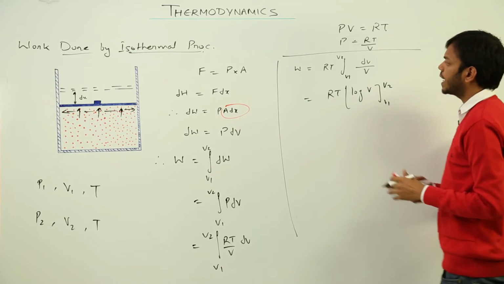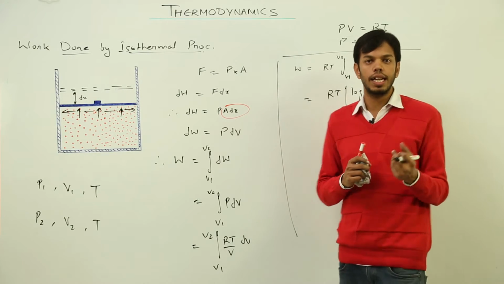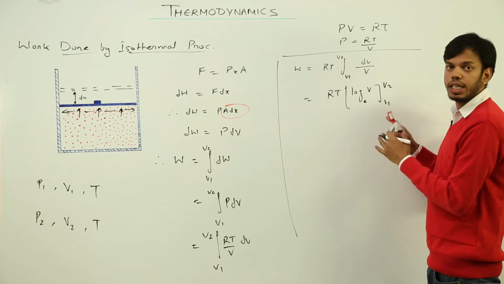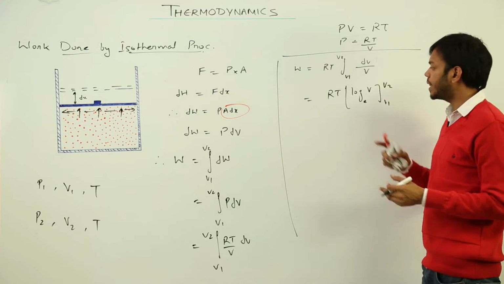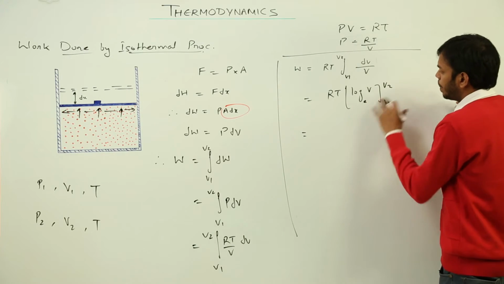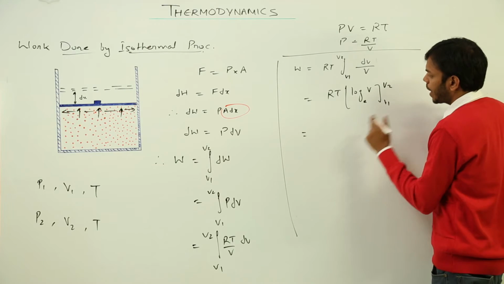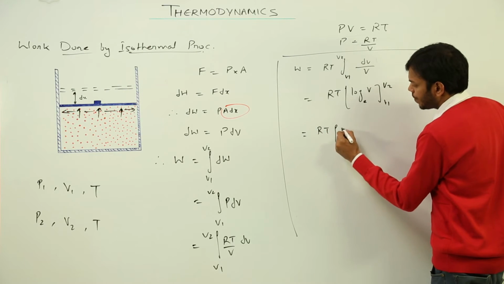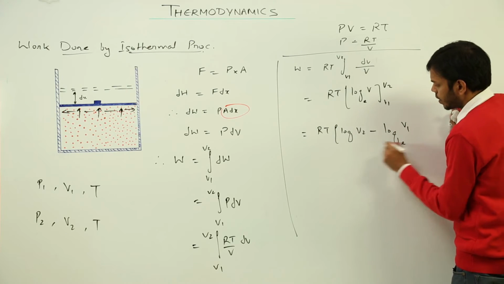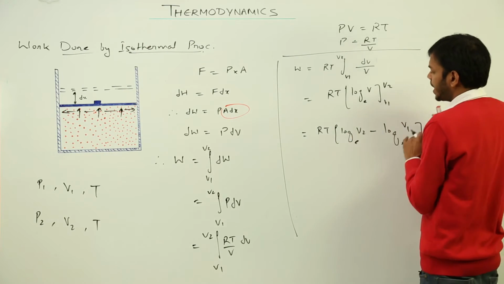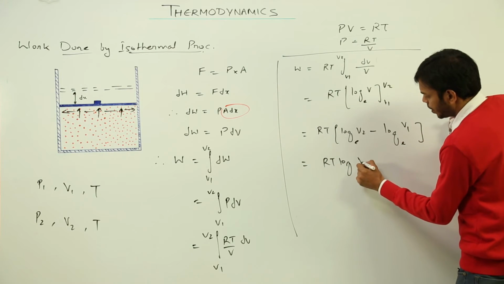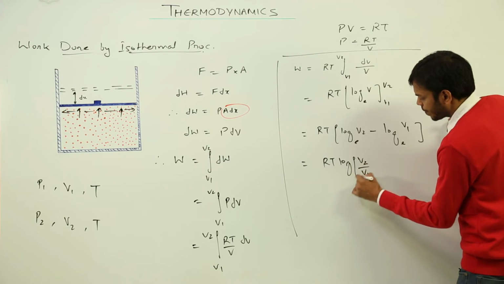One very important thing is that the log which you get from integration is the natural log, that is, with base e. To convert this into base 10, we multiply the whole thing by 2.303, right? We'll do it later. But first, putting in the limits, upper limit minus lower limit, I'll get RT (log V2 minus log V1). Log A minus log B is log A upon B, so RT log of V2 over V1.